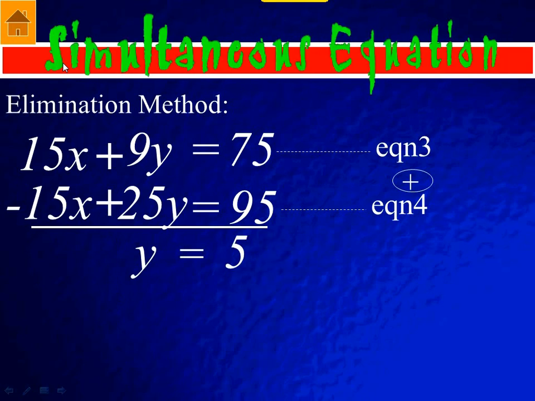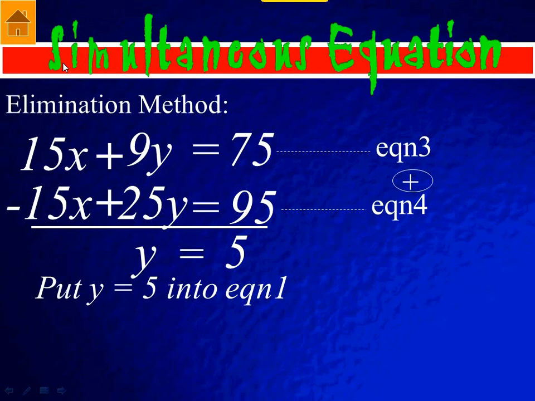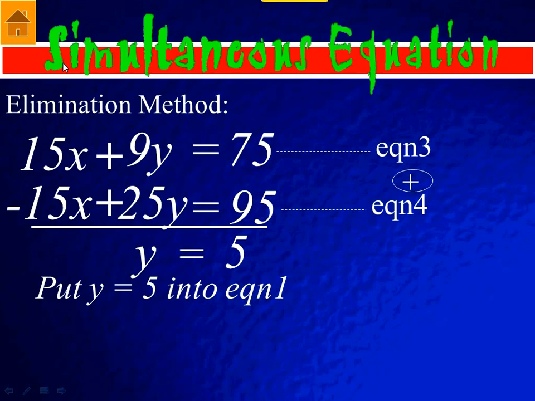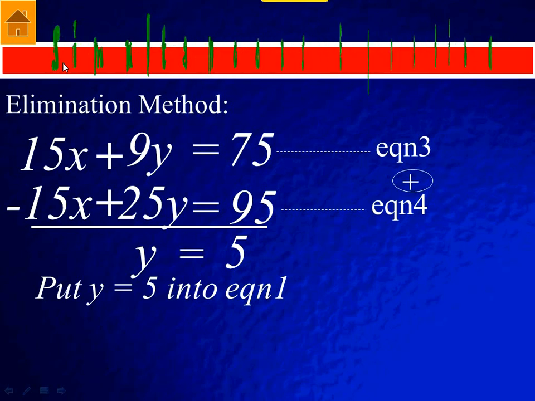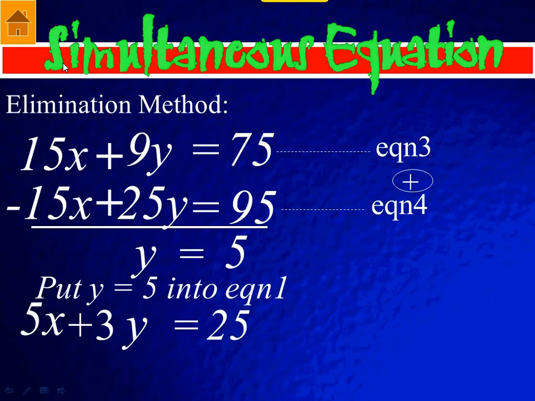We can check these values. Now we need to find the x value, since we have found the y value. So we put y equal to 5 into, let's choose equation 1 from the first set of equations that we had, which was 5x plus 3y equal to 25. We're going to substitute for the y.